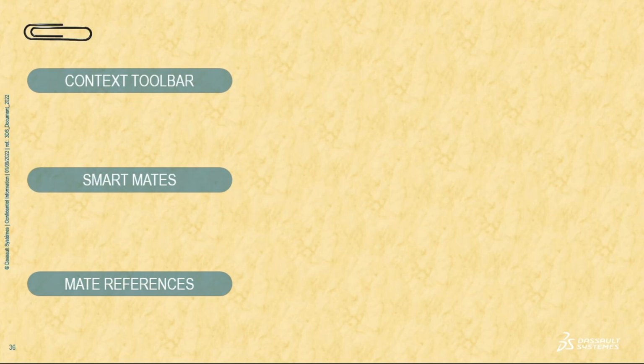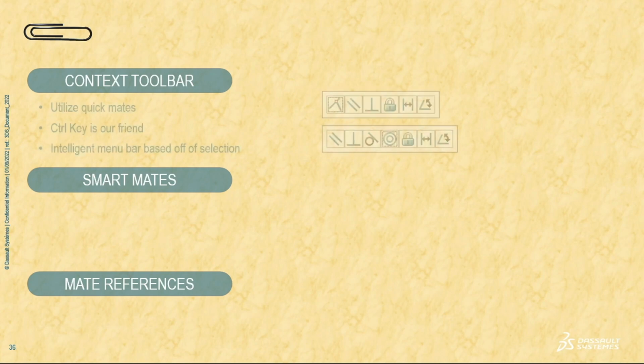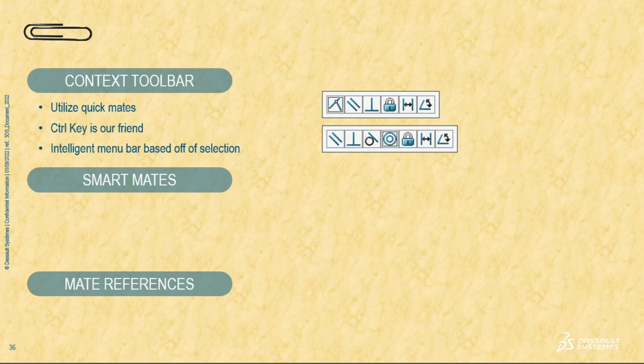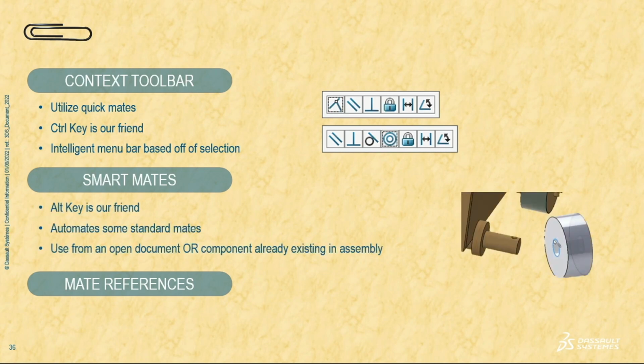All right. So just a quick recap of what we talked about in this first section. First, the context toolbar: utilizing the Control key, we can do our pre-select, our selections, and then that menu pops up based off of the selections we chose. Next, those smart mates: we saw we can automate adding some of those standard mates, either by dragging it in from outside of the document or utilizing the Alt key if you're right inside the assembly.